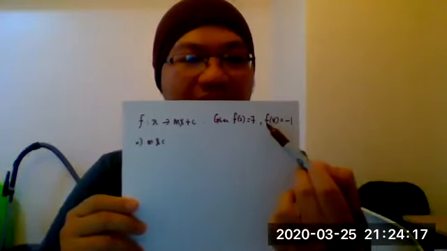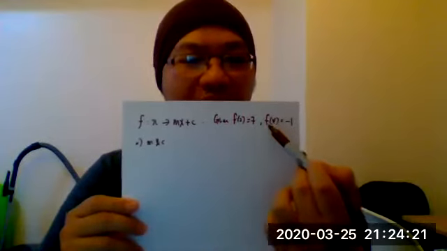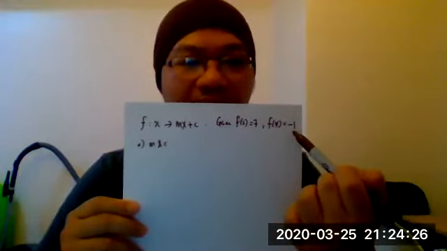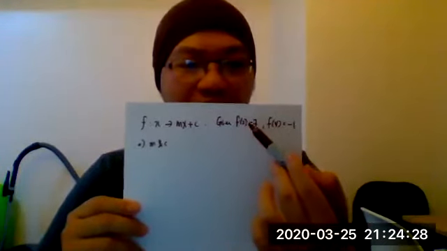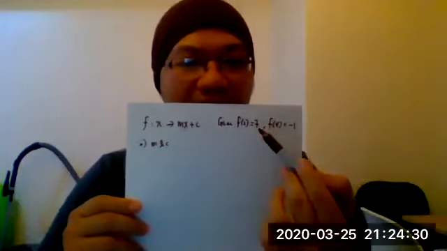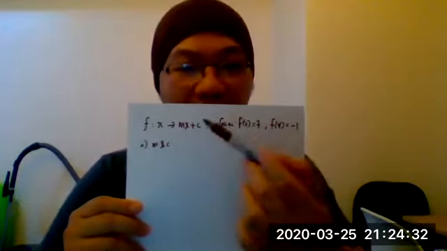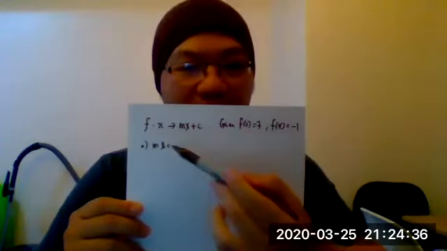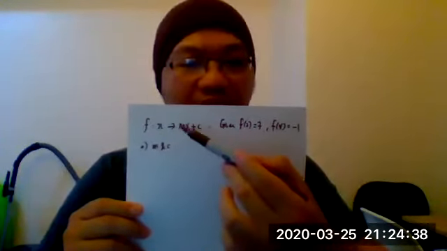Okay, so second information given is f(4) equals to negative 1. That means 4 is your object, negative 1 is your image. So what we need to do is we need to substitute 2 and 7, 4 and negative 1 into this equation. Okay, so ini adalah the function given, which is f(x) equals to mx plus c.